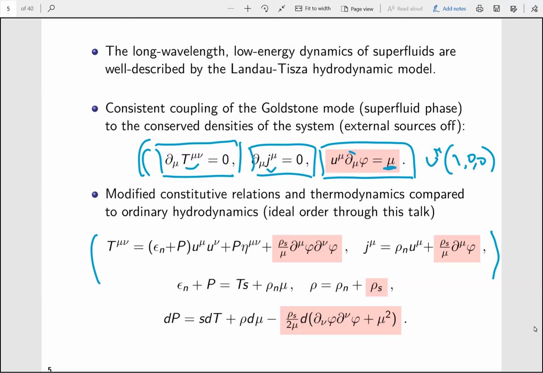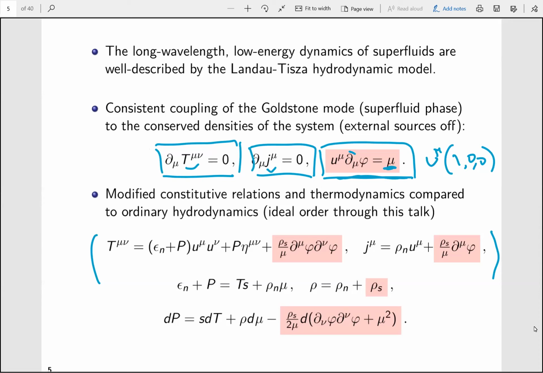Blaise, can I ask something? Yeah, sure. So this third equation, u dot partial phi is mu, is it well defined if you put in dissipative terms in T^mu nu and J^mu? Exactly, so this would only be exact without them. This somehow is not quite on the same footing as these two equations.